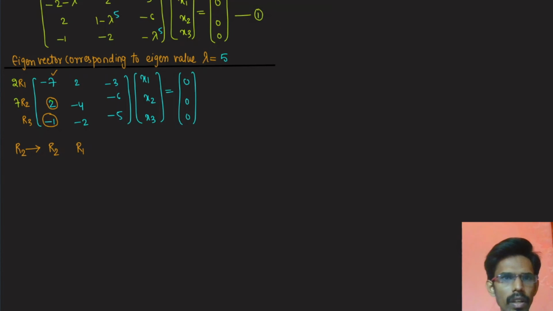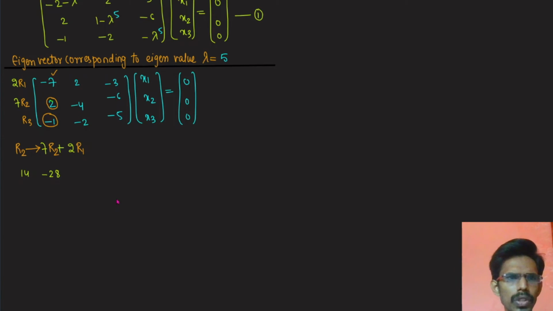So here I'll write down 7R2 and 2R1. Elements -7 and -2 are having the same sign, so for opposite sign we put plus in between them. Now multiply 7 to this R2, it will become 7 into 2 will be 14, 7 into 4 will be 28.